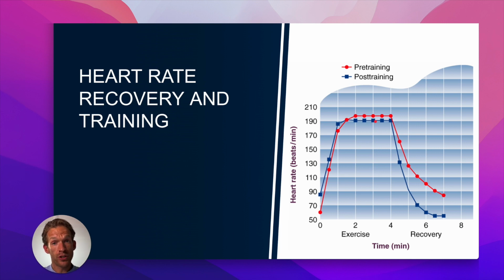As a consequence, heart rate for that particular same intensity will go down because cardiac output in the end is expected to be relatively steady. The recovery is also an interesting factor, where you see that a training effect is that the recovery is expected to be faster post-training compared to pre-training.